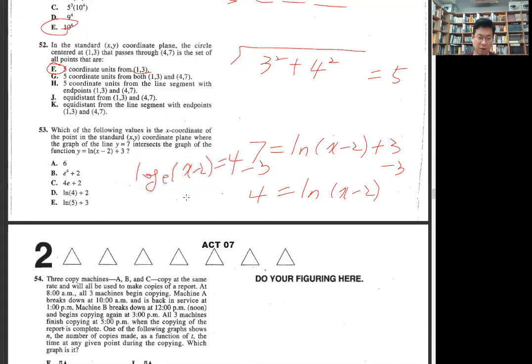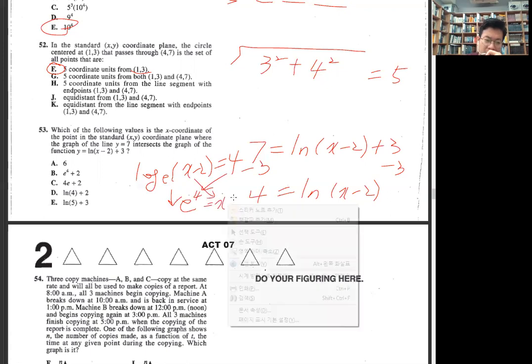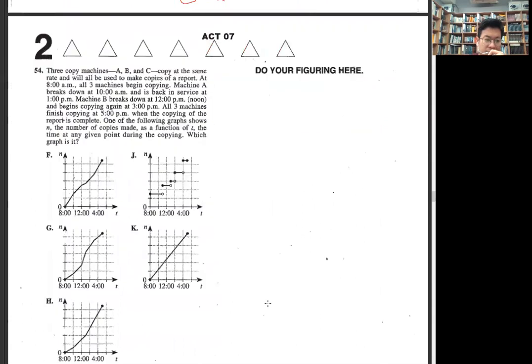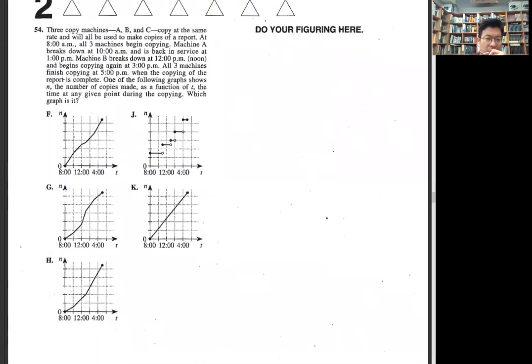The exact same base goes down to base e, and 4 equals x minus 2. So x has to be e to the 4th plus 2.